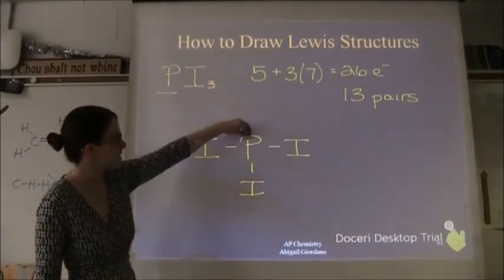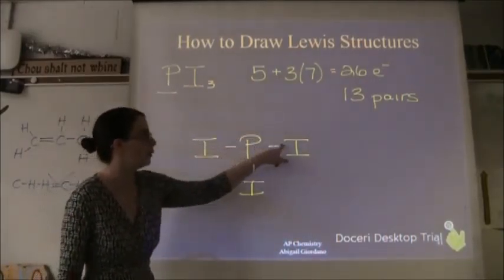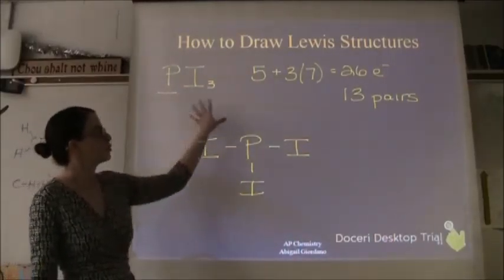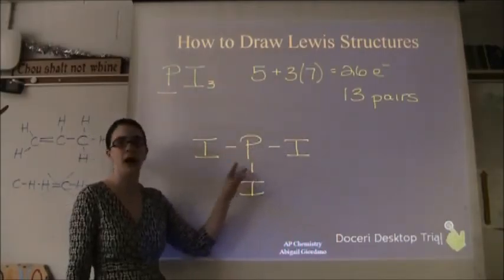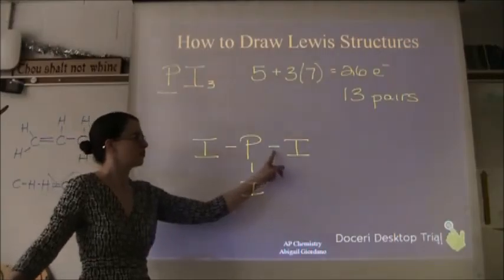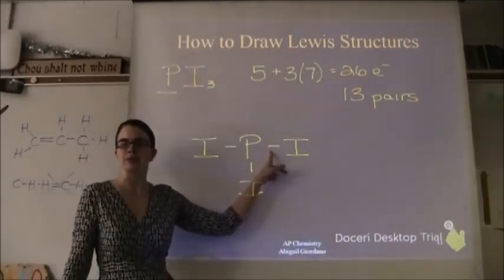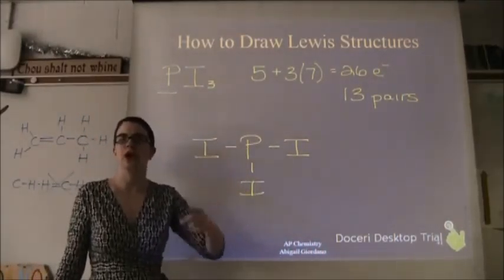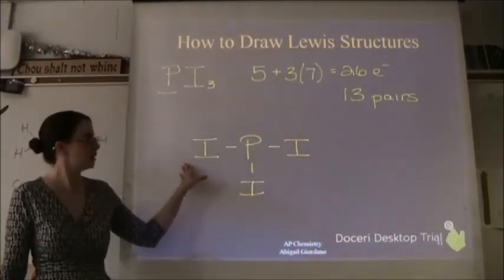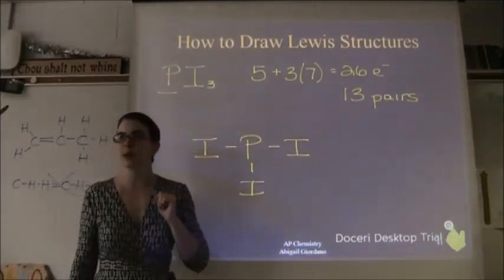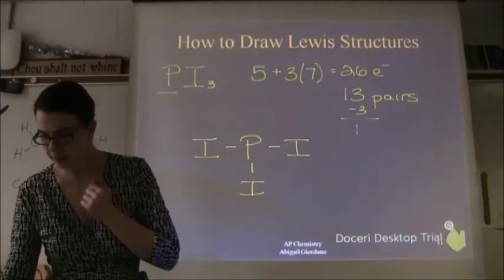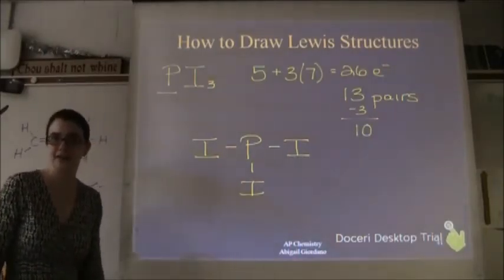You come into the airport and then you go out to the terminal to catch your plane. Okay. So we've drawn a framework using single bonds. Now let's just stop for a second. What does this line actually represent? 2 electrons, 1 pair. Simply drawing this, I've used up 3 of my pairs. I had 13. I have 10 left.